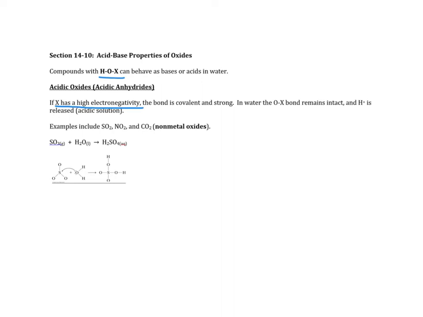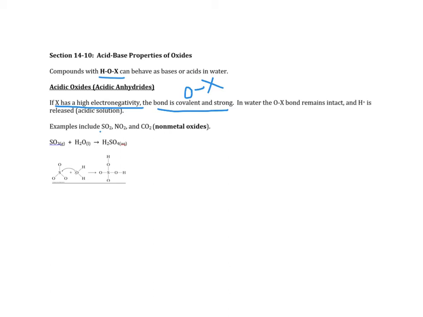And because of that, we're going to have bonds that are covalent and strong. So we're talking about oxygen bonded to this atom X. So if we put this compound in water, that bond remains intact, and then that hydrogen that's bonded to the oxygen is donated, is released. And so that's an acidic solution.